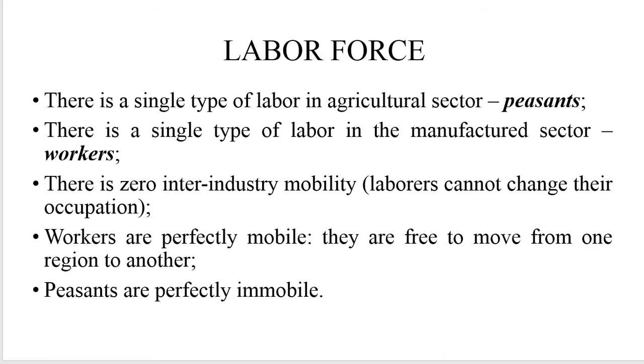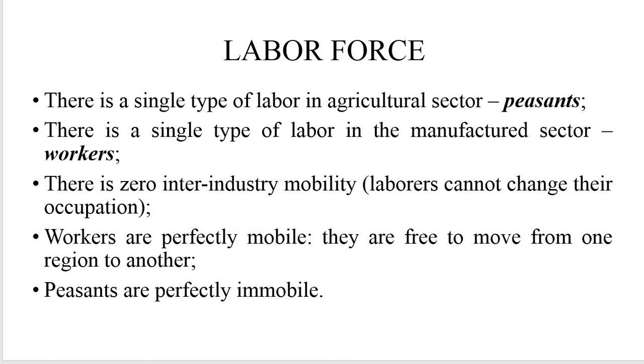There are several assumptions regarding labor force. So first of all, we assume that for two sectors, which are agricultural sector and manufactured sector, there is a unique type of labor force. So peasants work in agricultural sector, and agricultural sector employs only peasants. Workers work only in manufactured sector, and manufactured sector employs only workers.